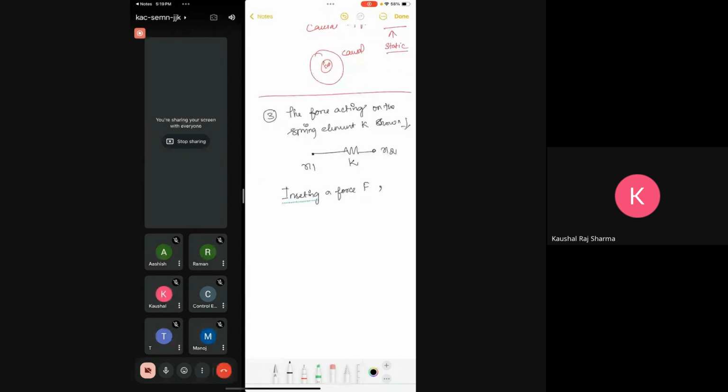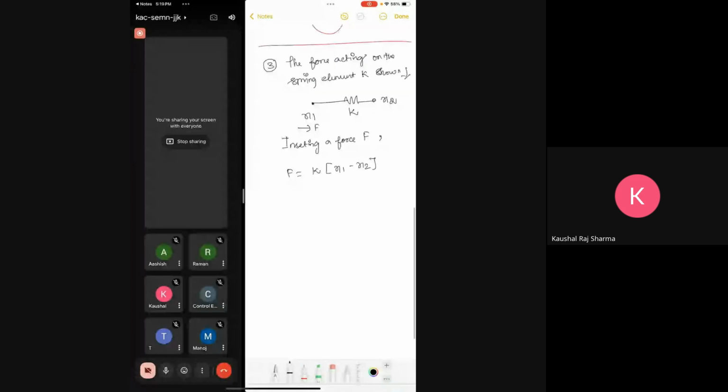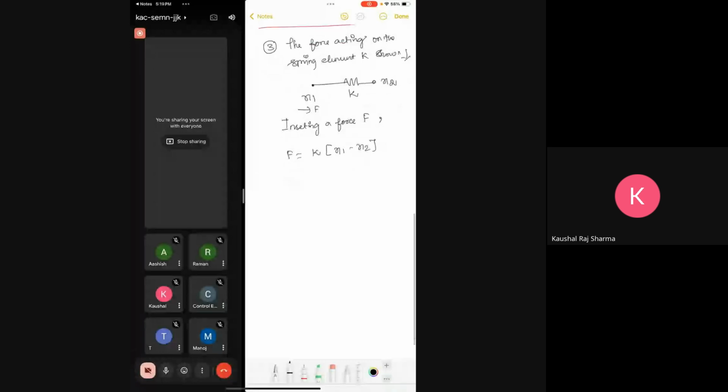So the force acts from here, let's take. The simple thing is your force will be spring constant times x1 minus x2, from where it is acting, right? This is one part from the mechanical element. For example, if we have a mass, one spring and one damper, we should know how to write this equation. So I just took this part. That's it.